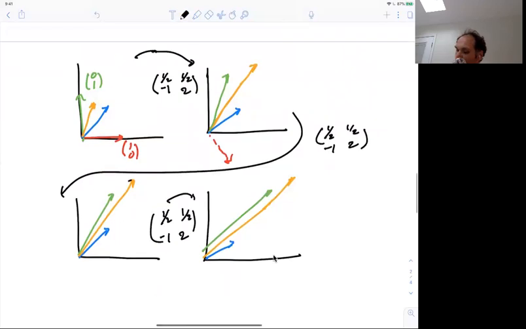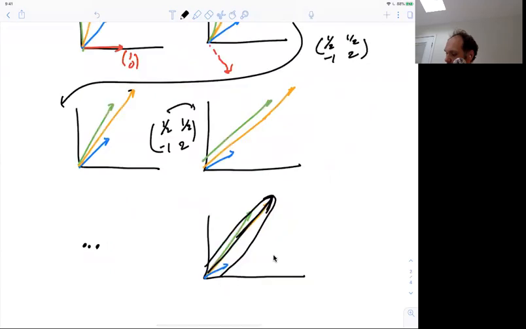And so what's going to happen in the long term, if we do this enough times, is you get this picture where the green one coalesces with the orange one, and the blue one doesn't really move at all. And the shape that's there is this ellipse, and quite strongly, there's one direction that you have.